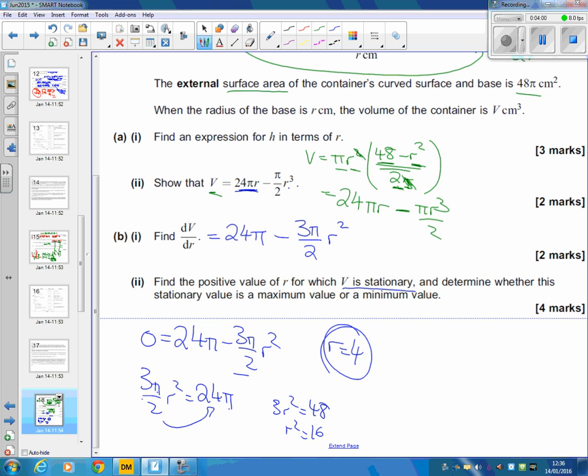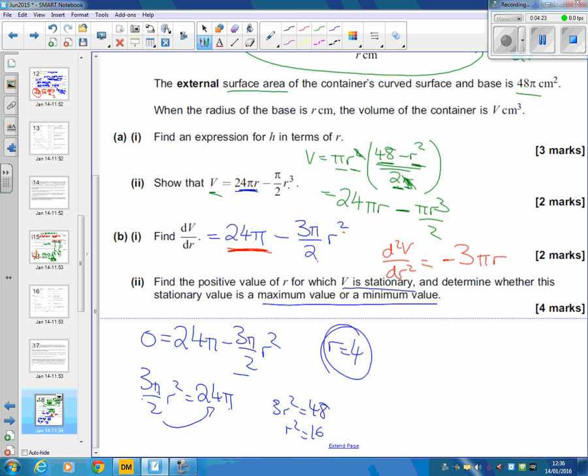2 marks. We need to check whether it's a maximum or a minimum as well. To do that, we have to differentiate again. Just looking at this thing here, that's just a number now, so when we differentiate again, that will disappear. d2V by dr squared will be, times here by 2, so we've got minus 3 pi r.